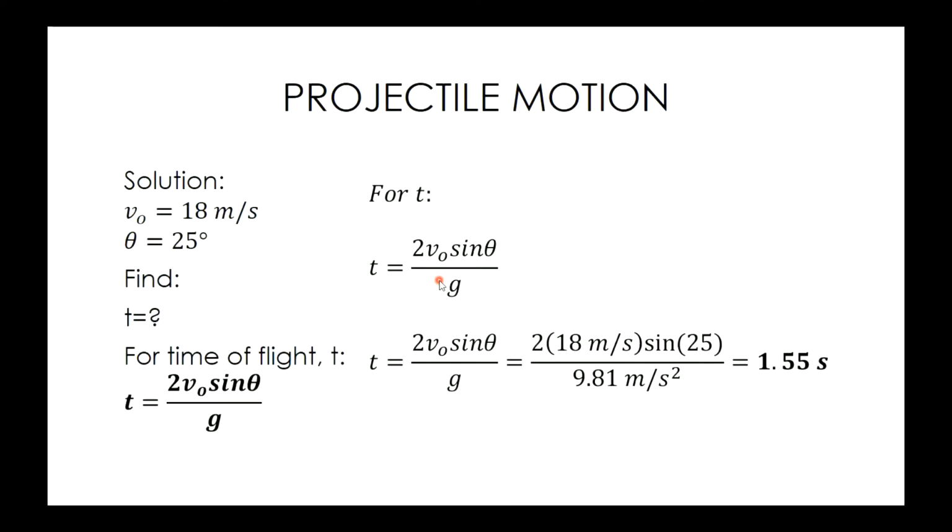So, ang formula natin, again, T is equal to 2 V0 sine theta over g. Direct substitution tayo, magiging 2 times 18 meters per second sine of 25 degrees over constant g, 9.81. Ang magiging sagot is 1.55 seconds.